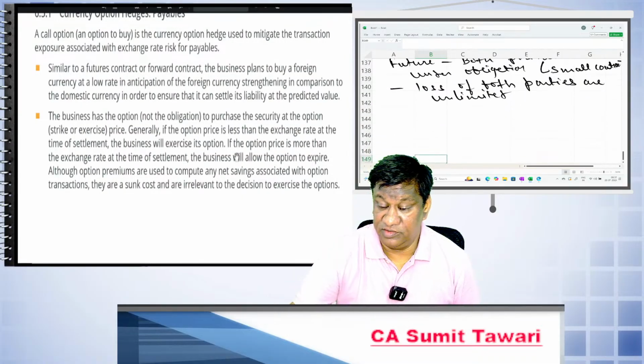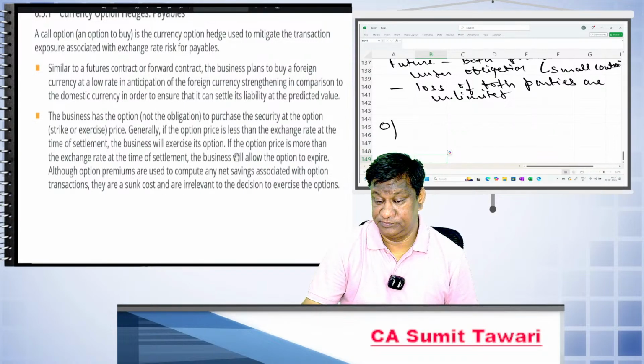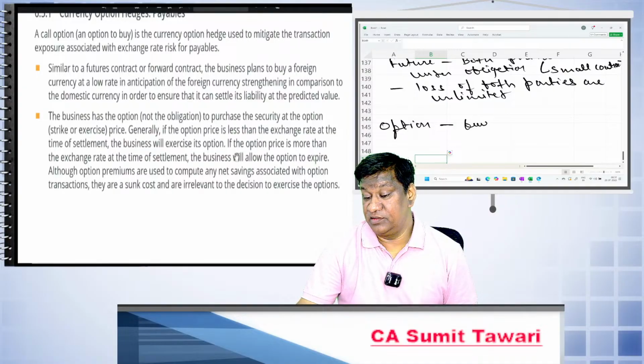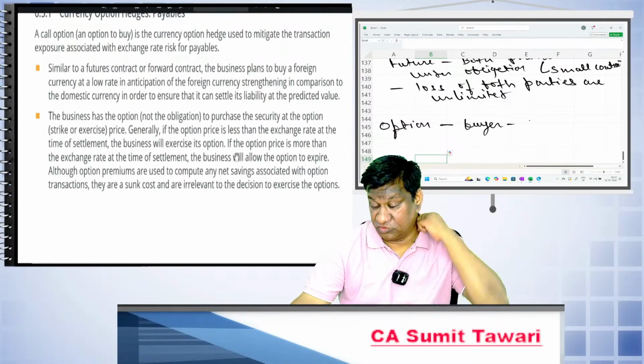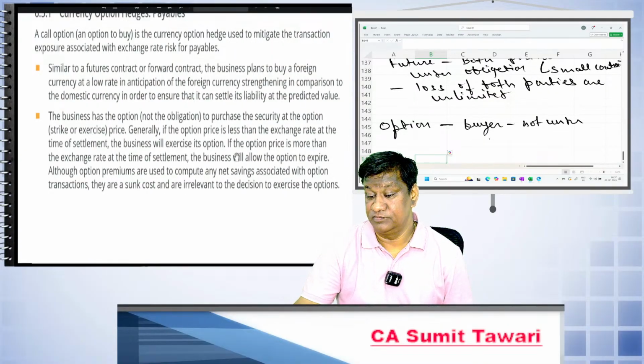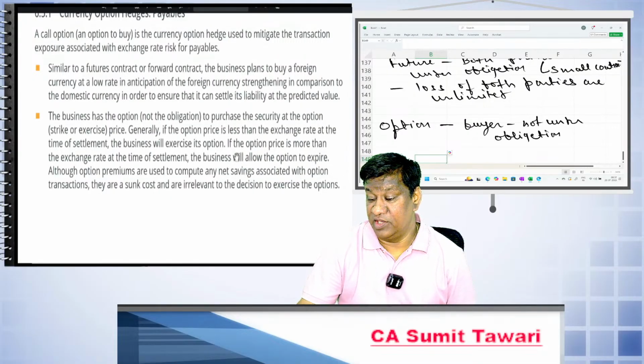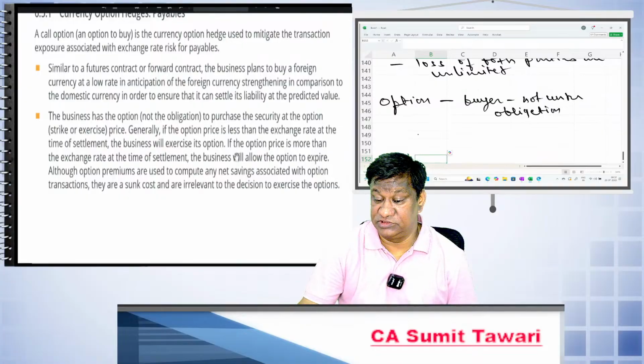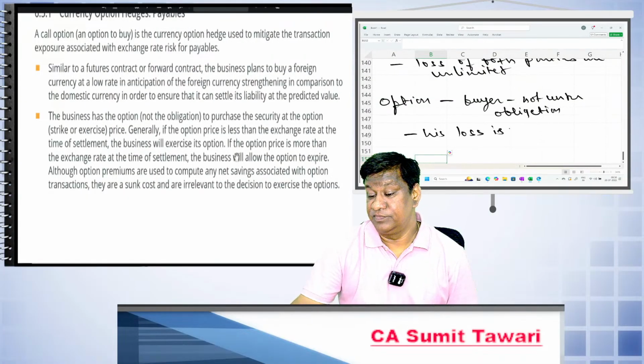Then the option. The buyer of the option, whether it is a call option or put option, is not under obligation. So that's why his loss is limited to the premium amount.